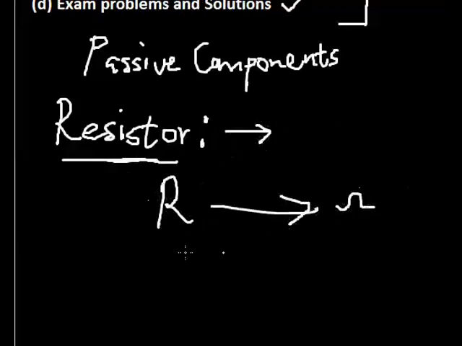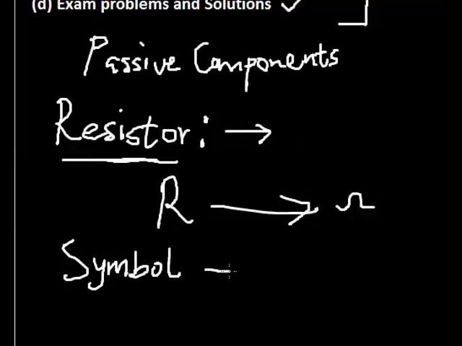The symbol we're going to be using for a resistor in a circuit diagram is this. We can use this symbol, or we use this one, which is easier for me.